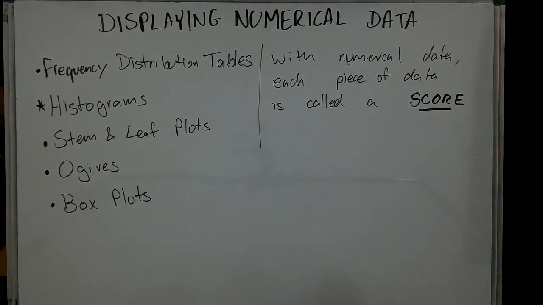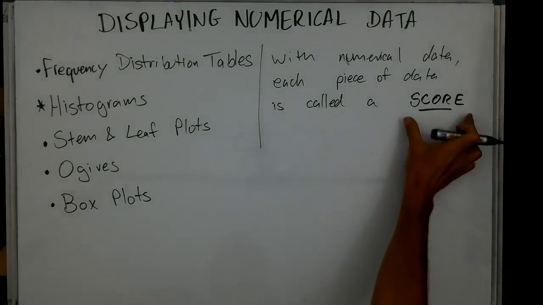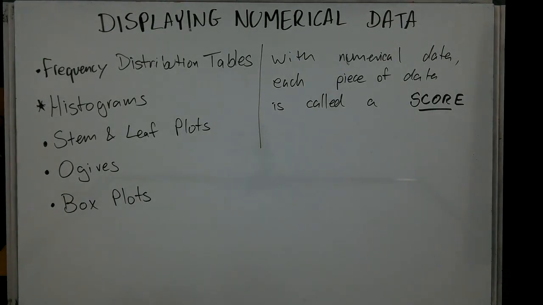So when we're dealing with numerical data, each specific piece of data, each measured bit of data, is known as a score.